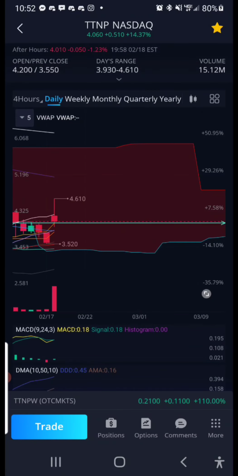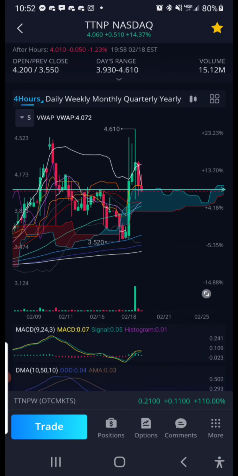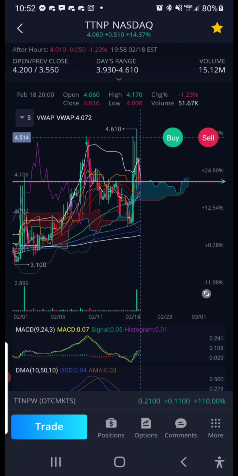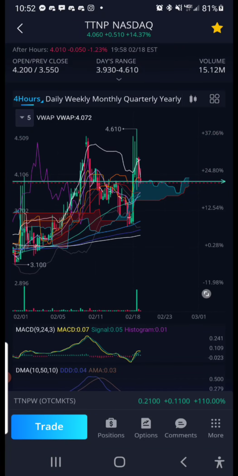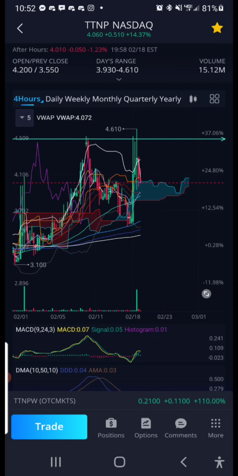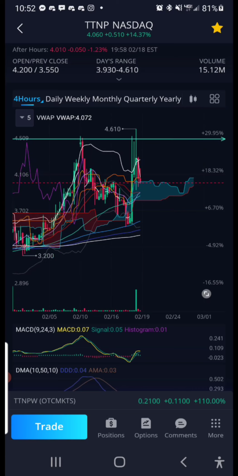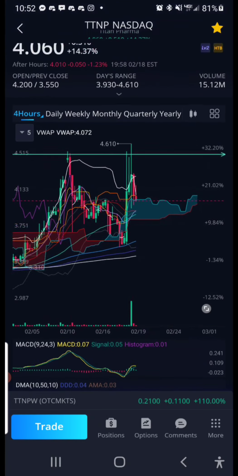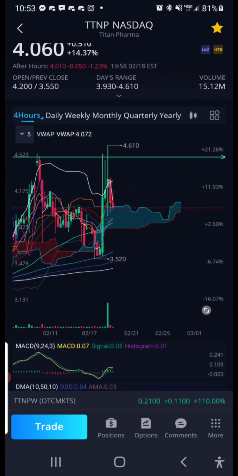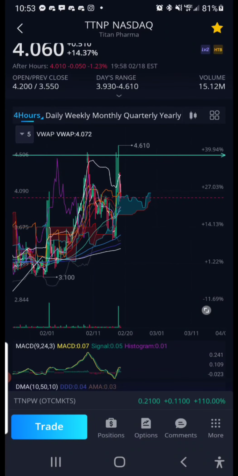So literally, it's like sitting close to the resistance line. Here's the resistance right here. Hit the resistance line, rejected it, hit the resistance line again. So it's definitely trying to pop through there. At some point, it's going to.